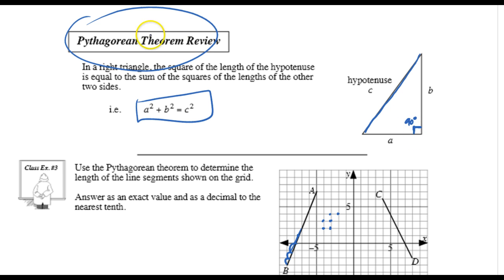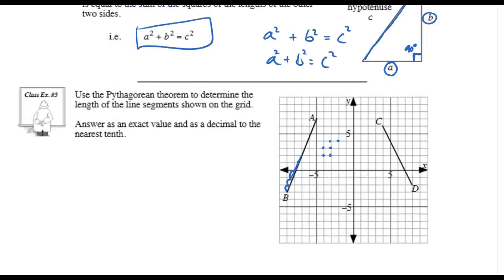The theorem says that if I square the short side, a squared, and add the square of the other short side, that should equal the square of the c side. Be careful. This does not mean that a plus b equals c. It only works if I square everything. So let's use that information to calculate the distance of diagonal lines.